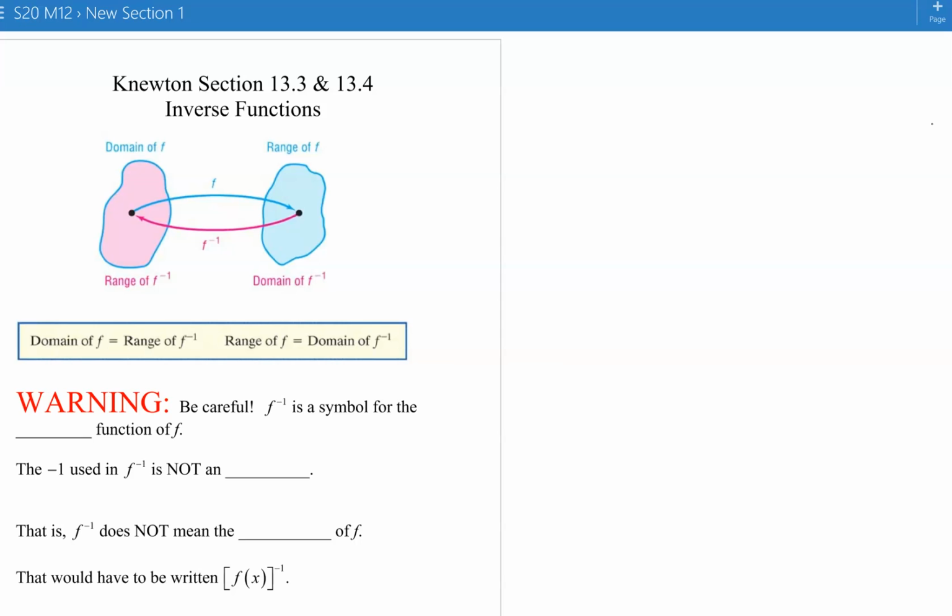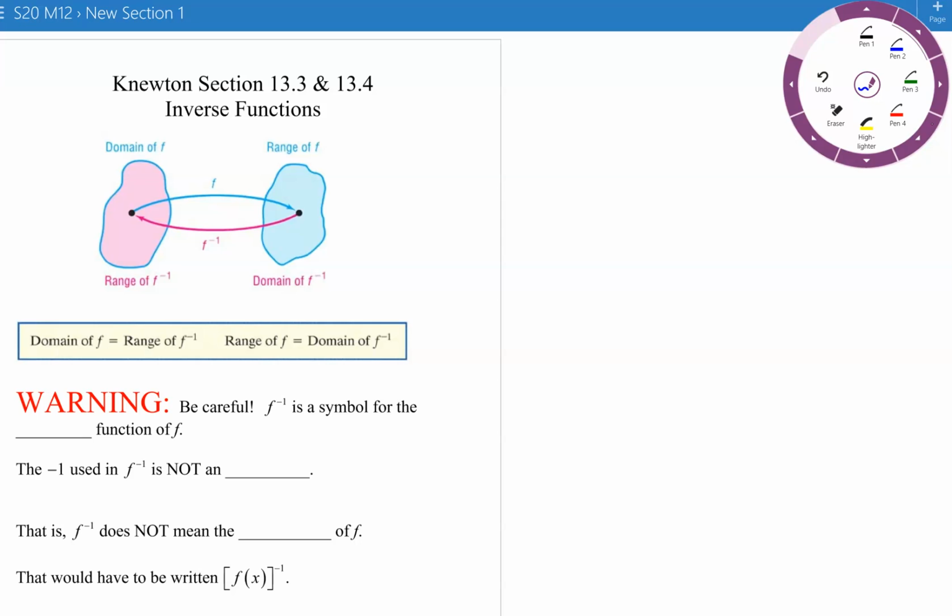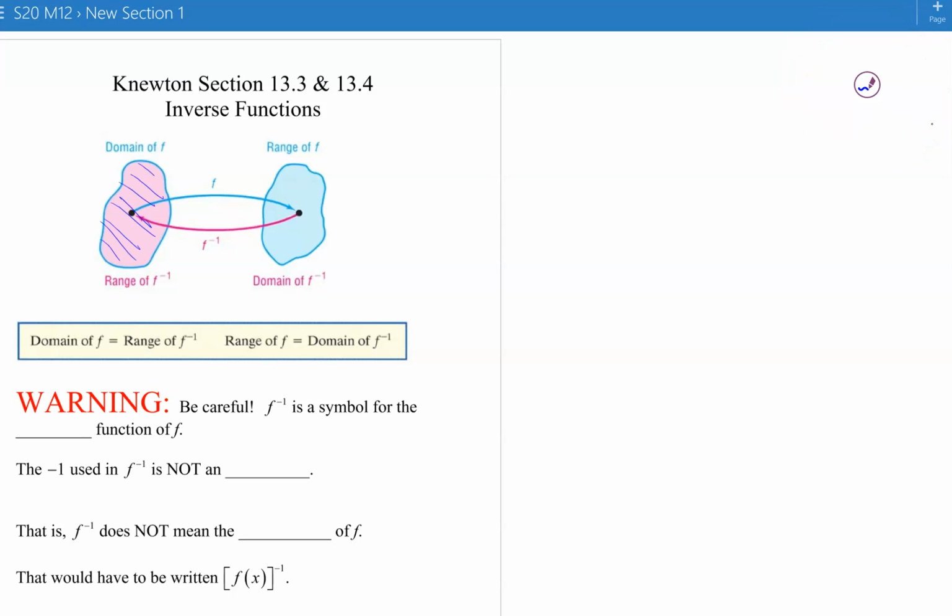Okay, so this is a picture similar to the one I drew earlier, where you have a domain of f and a range of f. I wanted to talk about something on this picture where even if the domain of f is a bunch of numbers, it's possible that these numbers represent weights, and that even if the range of f is a bunch of numbers, maybe they represent height.